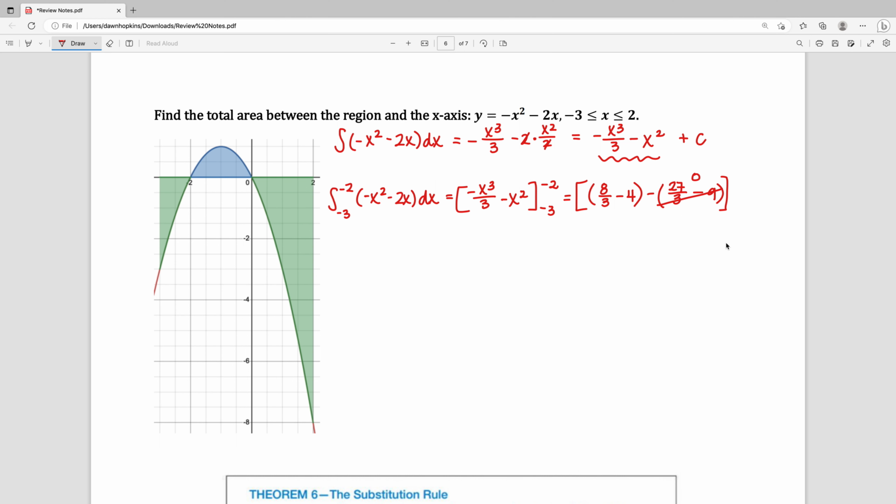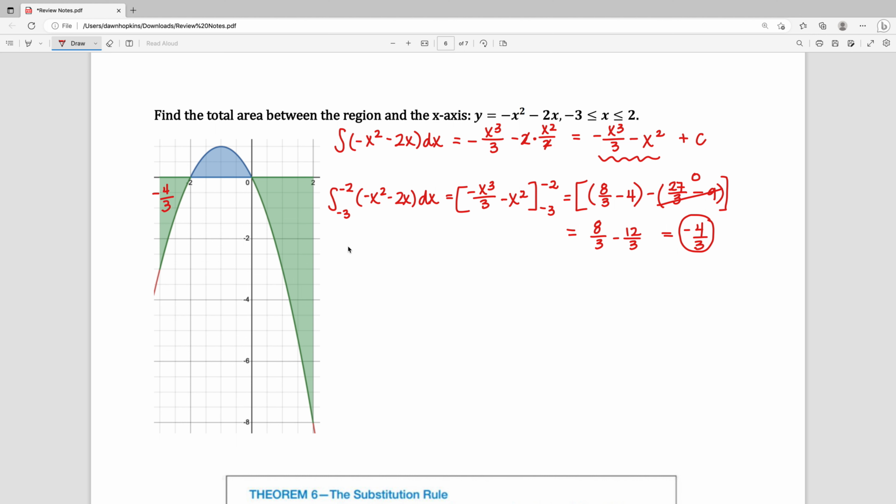So we just need to focus here. We have 8/3 minus 4, so that's going to be 8/3 minus 12/3, or -4/3. So the area here, this first green area, is -4/3.